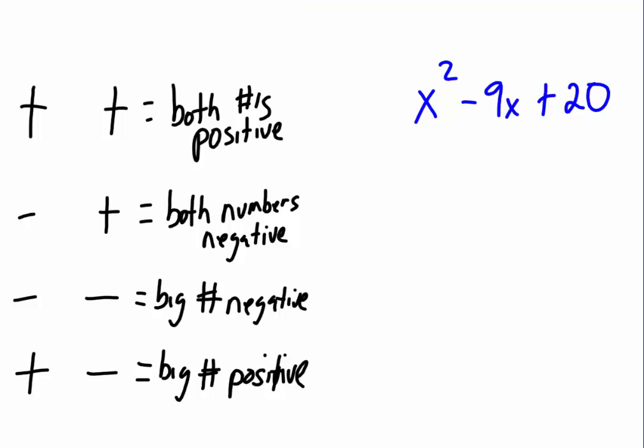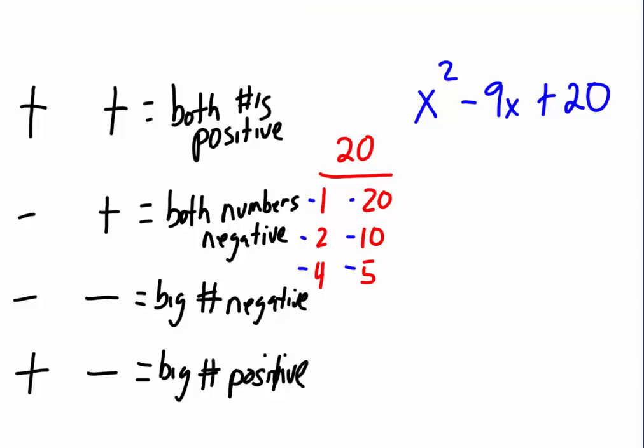Okay, got to remember that. So I'm going to take my 20, that's the number I need to multiply to, and I'm going to write out all the factors. 1 and 20, 2 and 10, 4 and 5. Well, and that's it. According to my cheat sheet, both numbers are negative. Negative, negative for each pair.